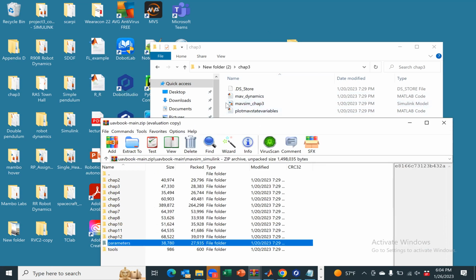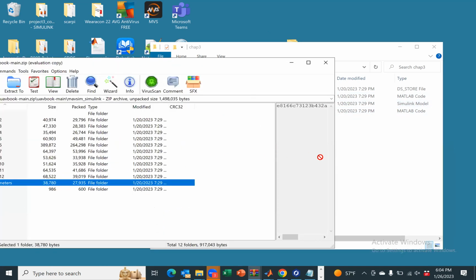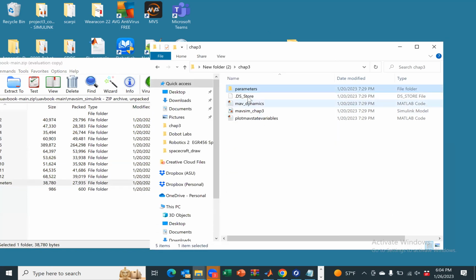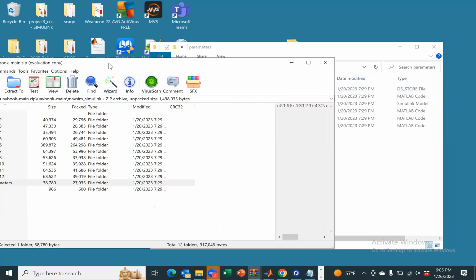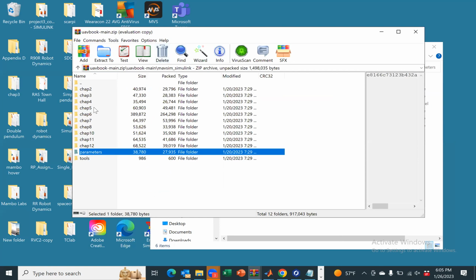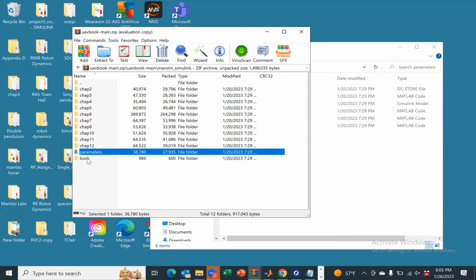So you will need to grab parameters and place it in this file. If you look at these parameters, they have the Aerosonde parameters, which is nothing but the UAV that we want to simulate, which is like a flying wing aircraft. Then you are gonna need the tools.